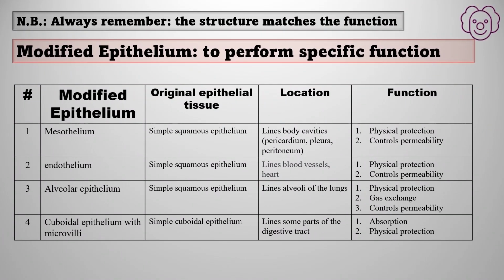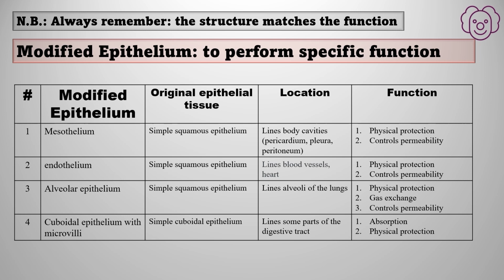Here we are going to talk about the modified epithelium. First, is it a new type of epithelial classification? No. Is it a new epithelium that differs from the others? No. So why is it there?